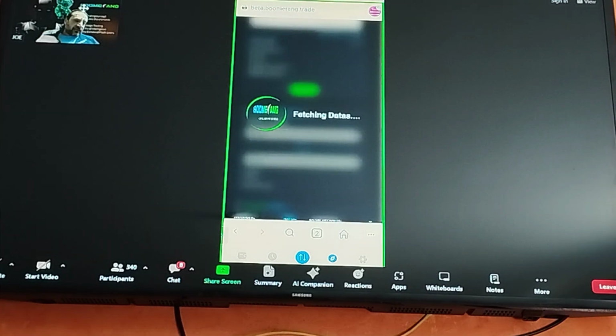Let's try and get that to refresh a little quicker. It's taken a little while to refresh because I think it's because I'm sharing on Zoom. So as I said, that slows down the process.